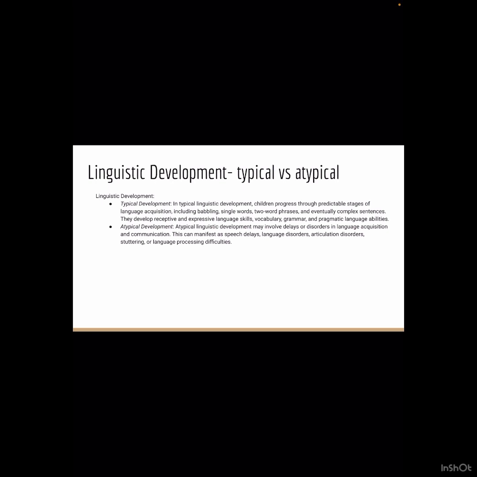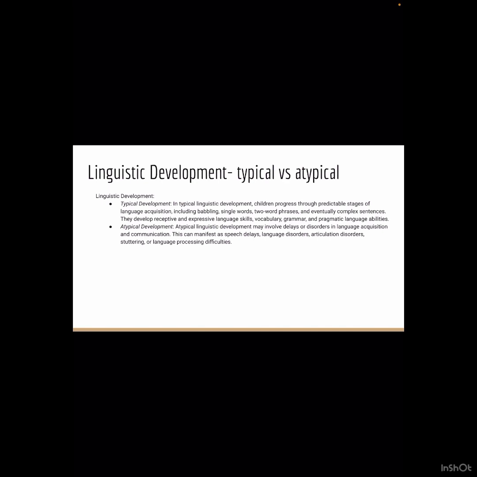Now we're going to look at linguistic development. So that means language development, right? Being able to acquire language, use language, right? So typical development means the children progress through the stages of language acquisition, which includes, for example, from cooing to babbling to single words to saying two-word phrases and eventually complex sentences, right?